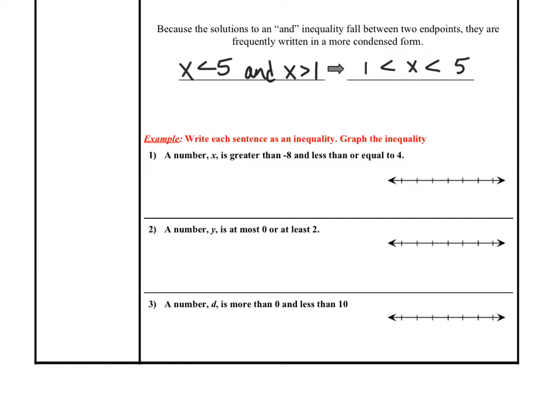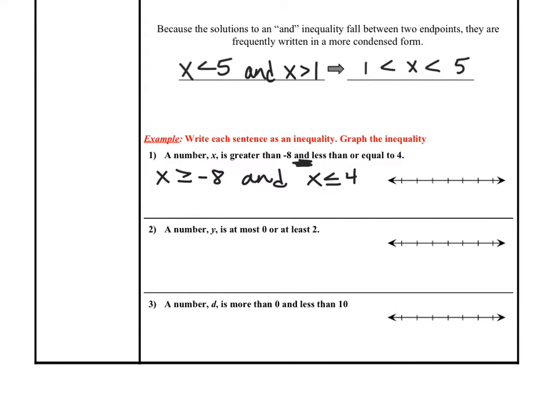We will now write each sentence as an inequality and then graph the inequality. So a number x is greater than -8 and less than or equal to 4. So x is greater than -8, and literally write out what it says, and x is less than or equal to 4.